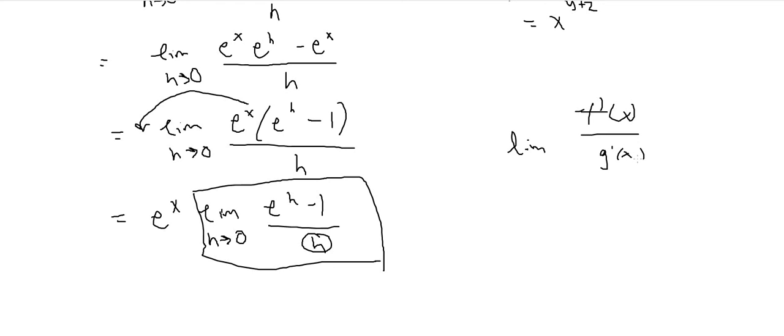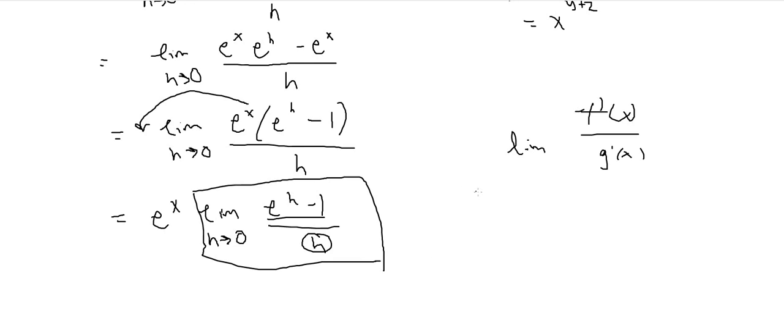Now the problem with doing that is, well, it's kind of circular logic, right? Because we're trying to prove that the derivative of e to the x is itself. So in this case, if we were to take the derivative of the top, we would have to make the assumption that the derivative of e to the h is e to the h. So, I mean, we can't really use that to prove it.